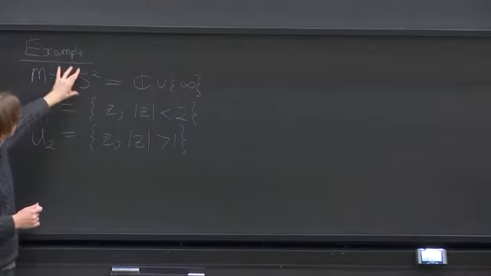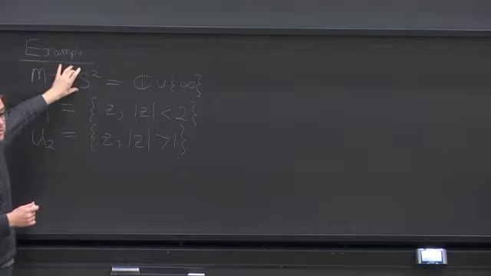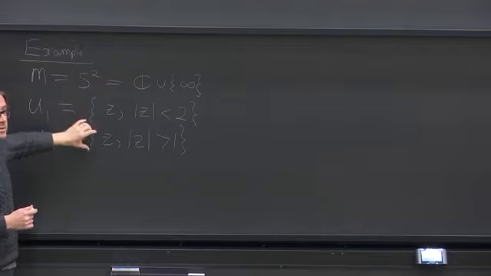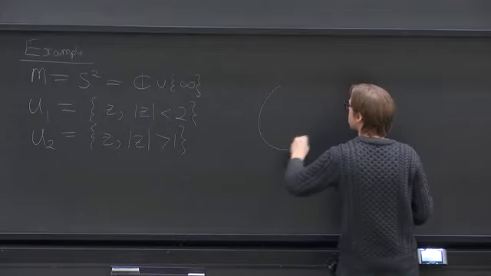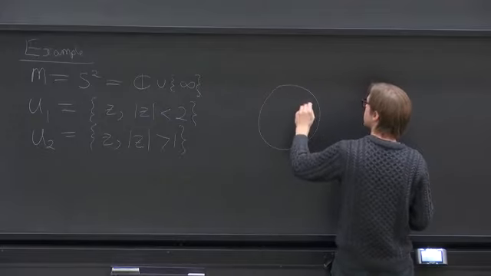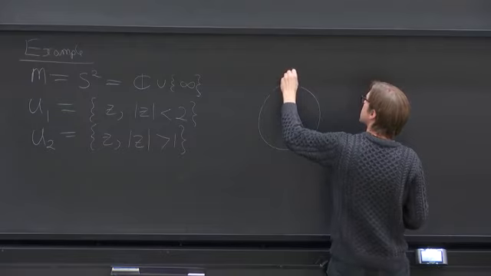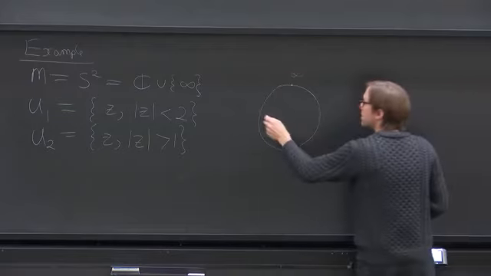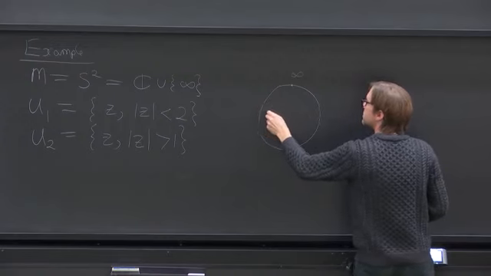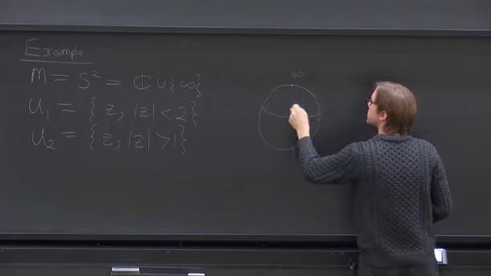But if I was to bring it back to the two-sphere using the stereographic projection, you would find that the two-sphere looks like this. The north pole gets mapped to infinity. And I have these two circles.